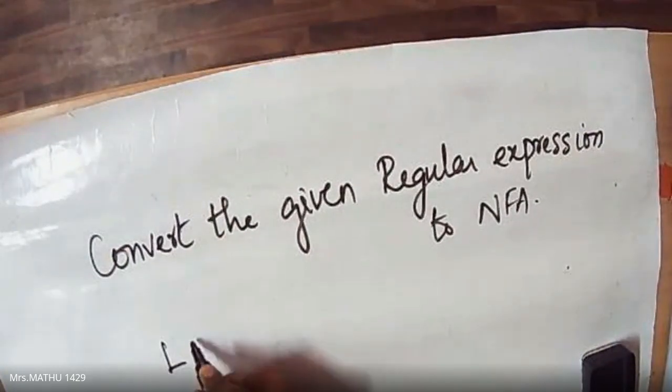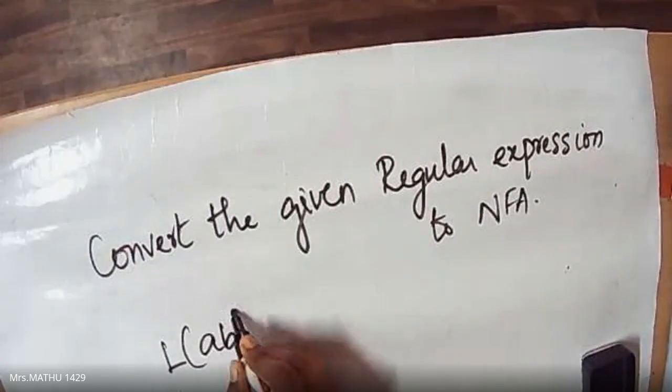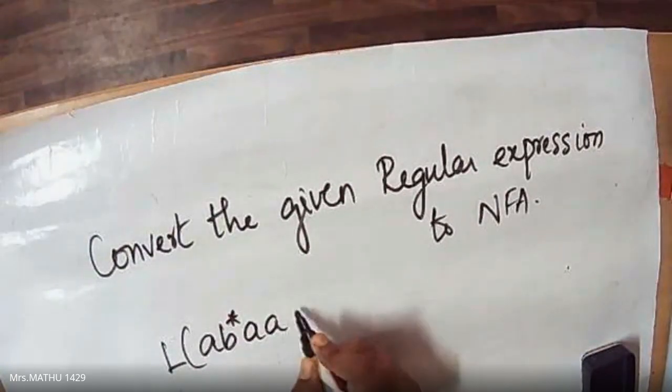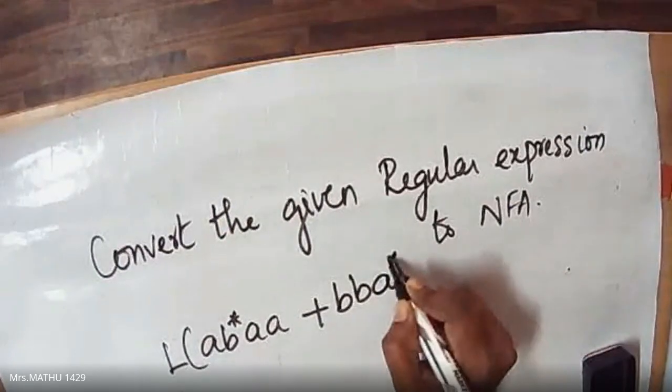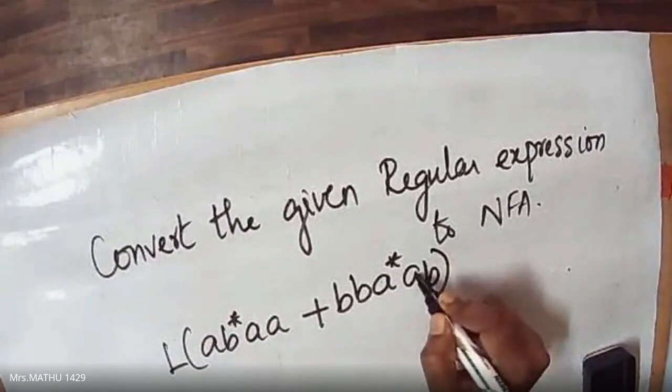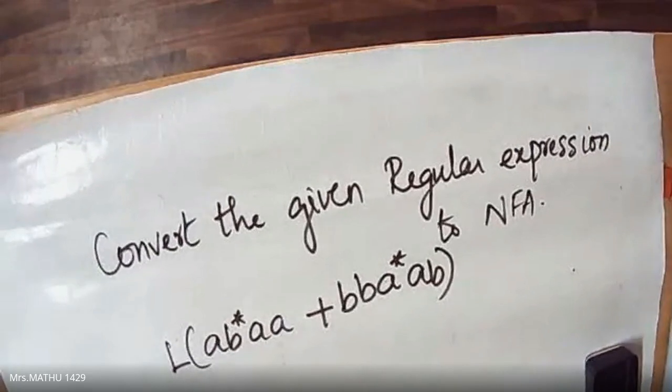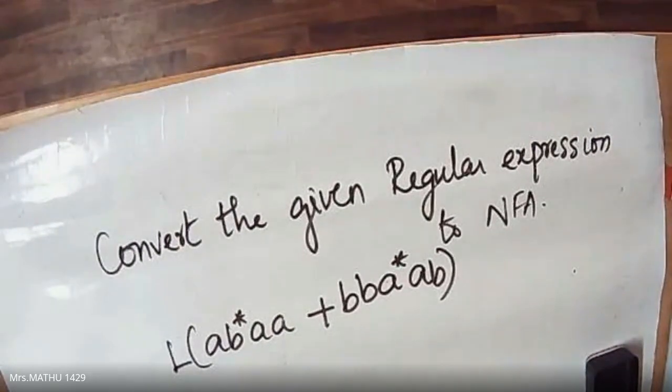The language given is L of AB star AA plus BB A star AB. So L of AB star AA plus BB A star AB. This is the regular expression given, and you have to convert this into an NFA.